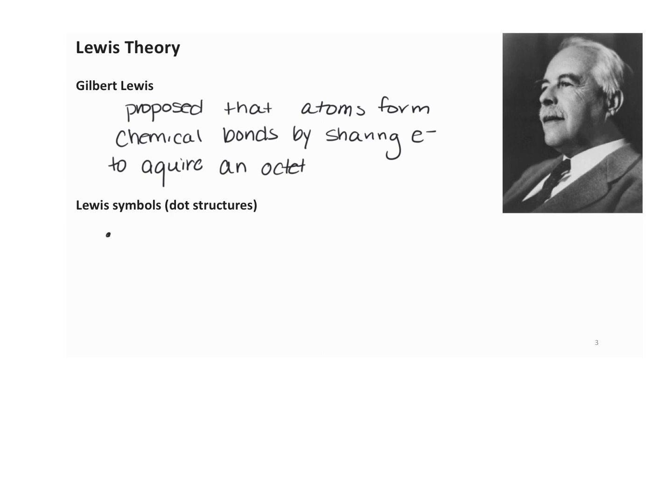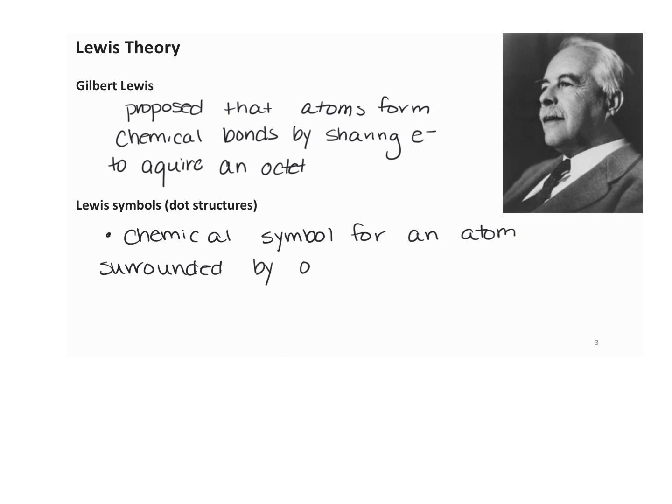This is the chemical symbol for an atom surrounded by one or more dots, and those dots represent valence electrons.